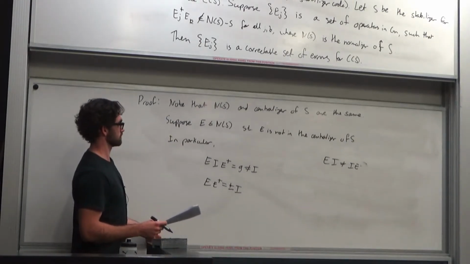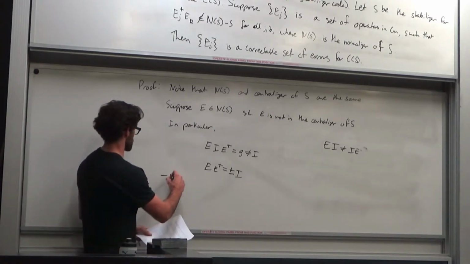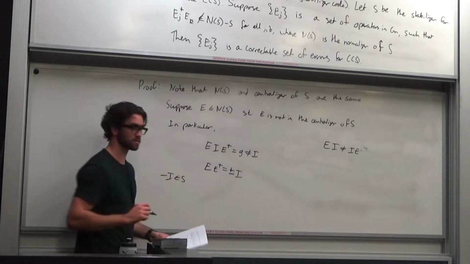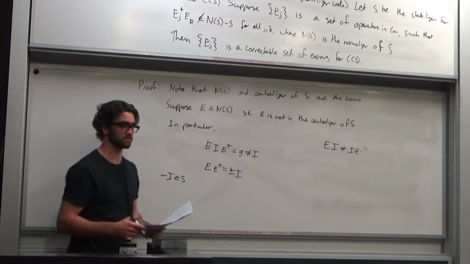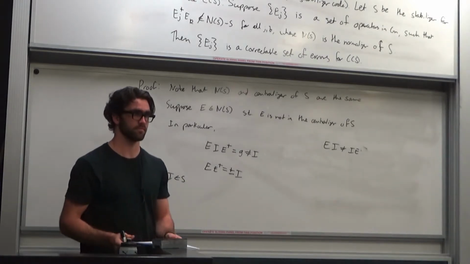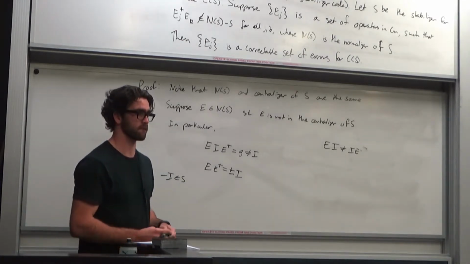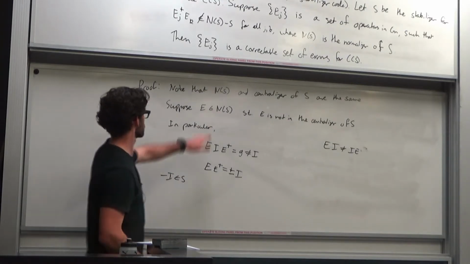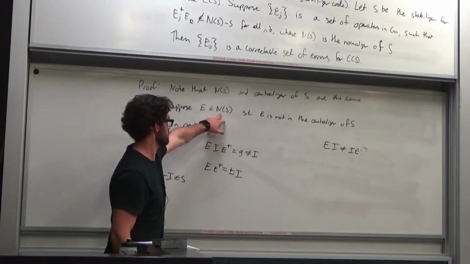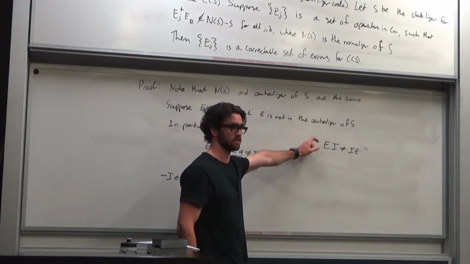And because we're already assuming that minus I is not in S, that's a contradiction. So if E is in the normalizer, it's in the centralizer.